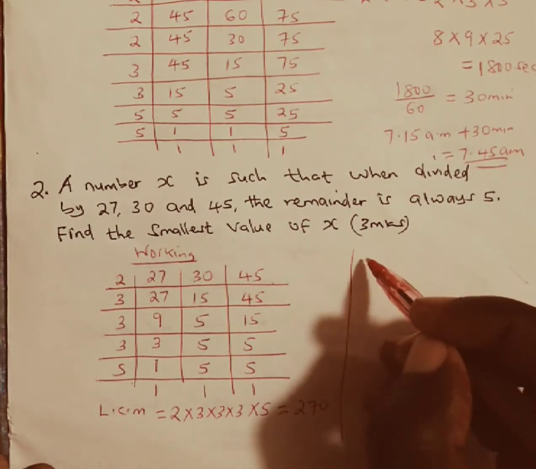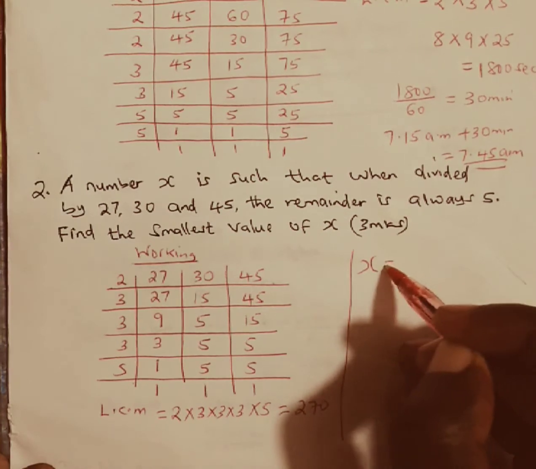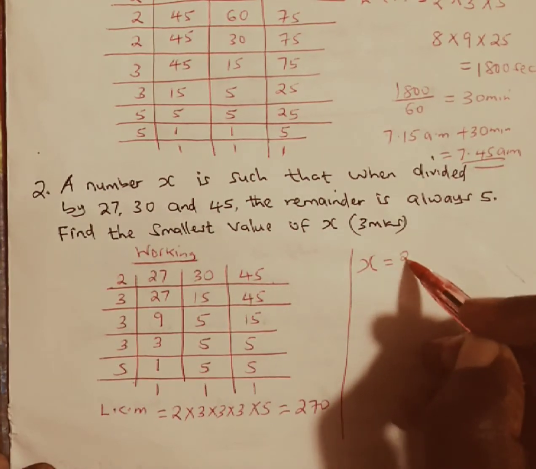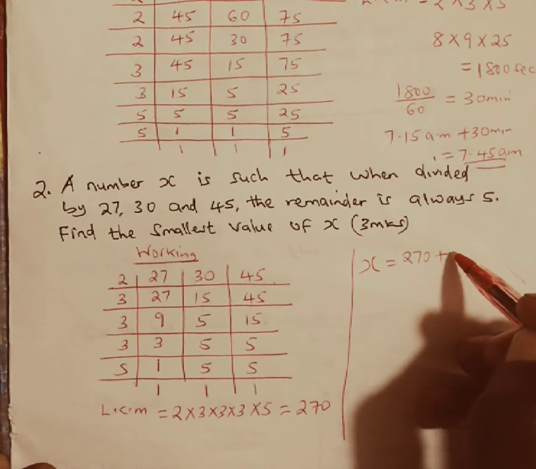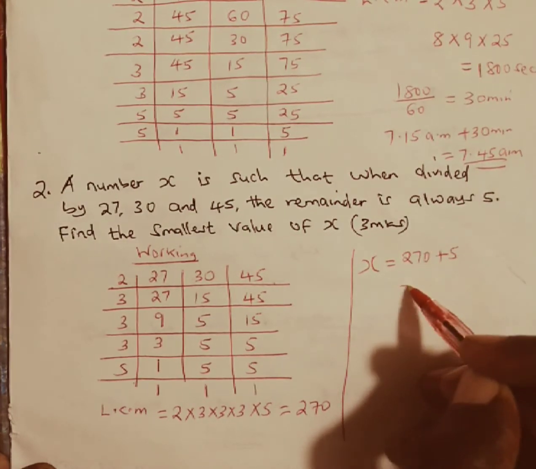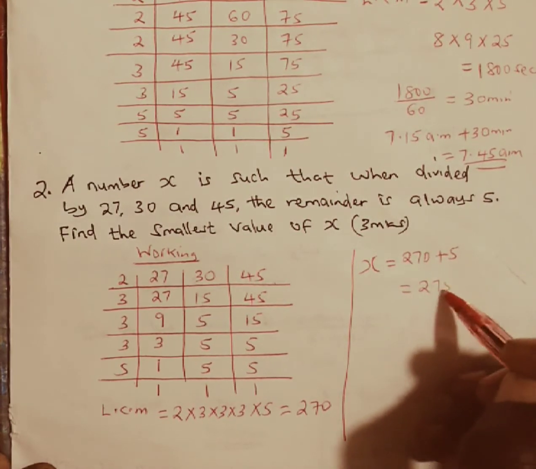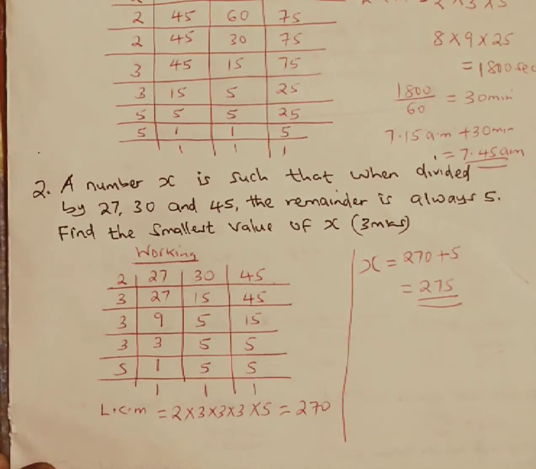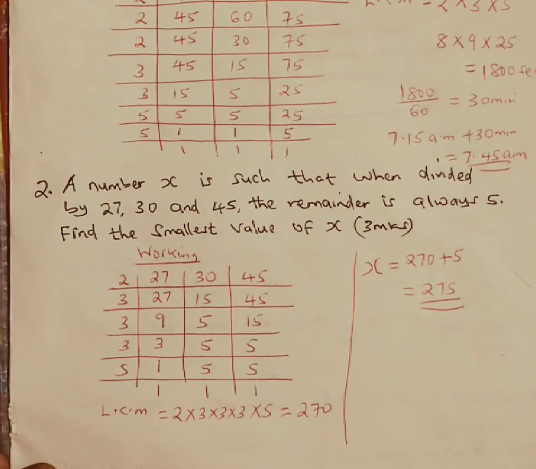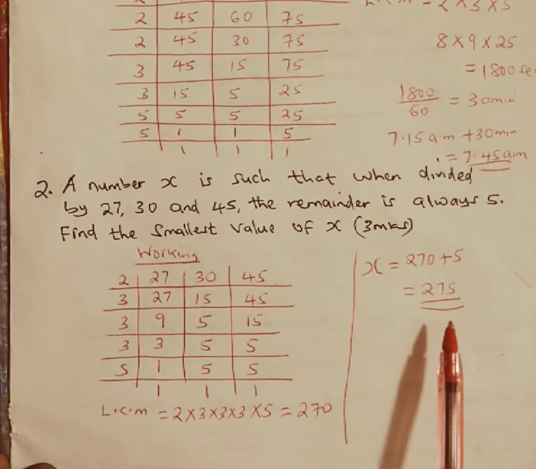Now to get the value of x, you take the LCM, which is 270, and add the remainder, and this gives us 275, and that is the answer to question number 2.